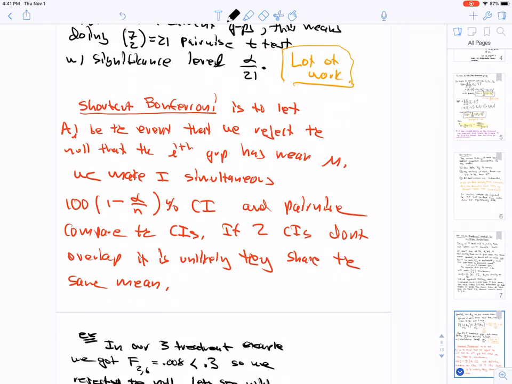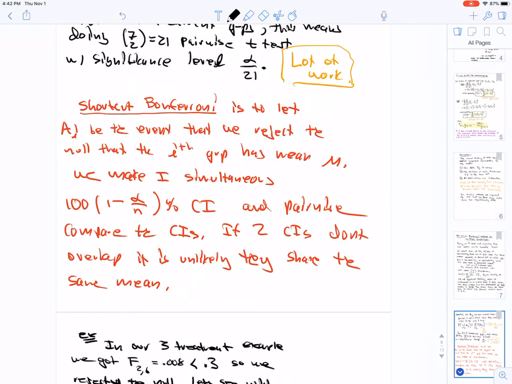If two of these confidence intervals don't overlap, it's unlikely that they share the same mean. Each confidence interval, let's say a 90% one, gives a certain chance that the true group mean lies in that interval.